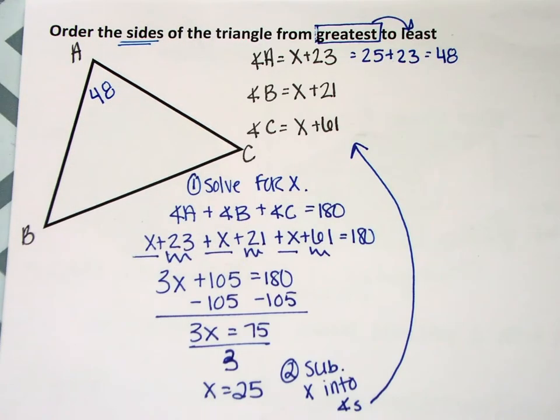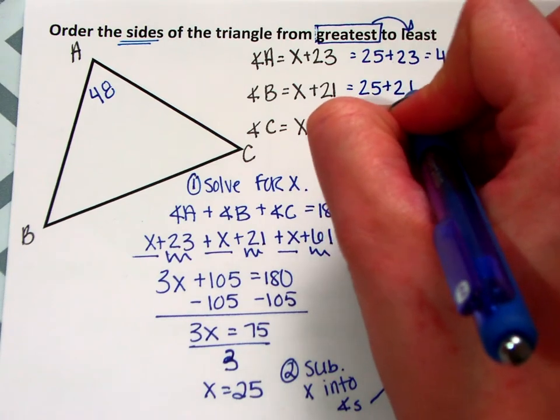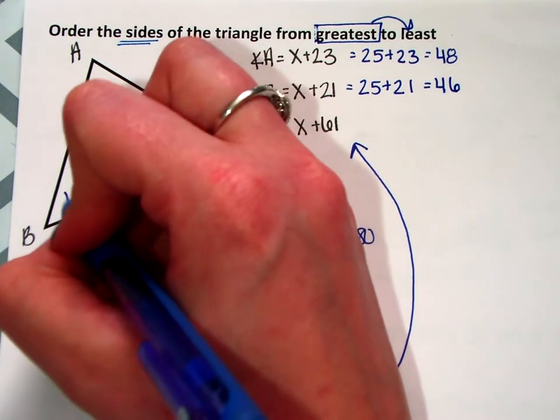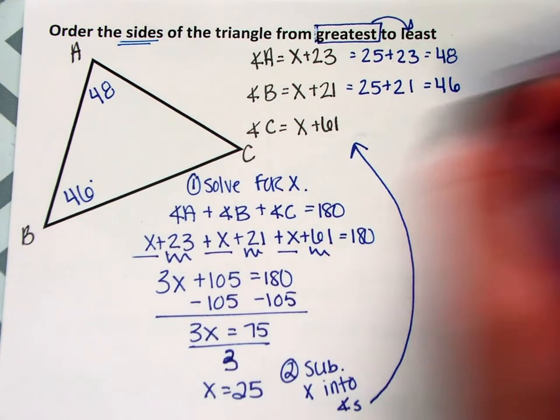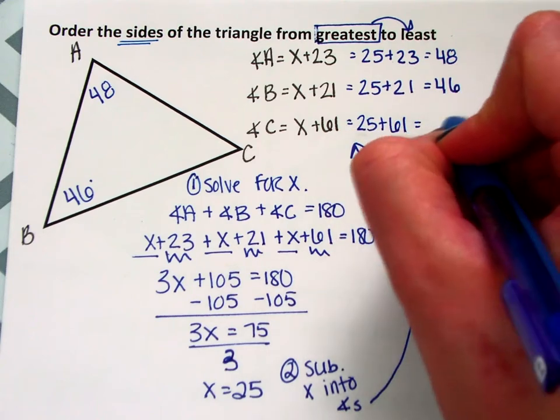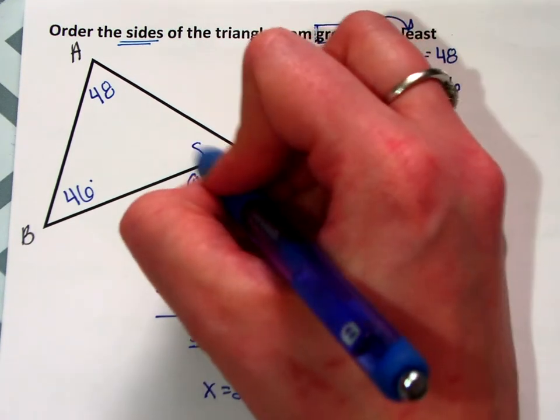Make sure that you write that on your picture. That is very important. Then I'm going to go back. 25 plus 21 is 46, so angle B is 46 degrees. And angle C is now 25 plus 61 for a measurement of 86. So I'm going to go back on my picture and put 86.